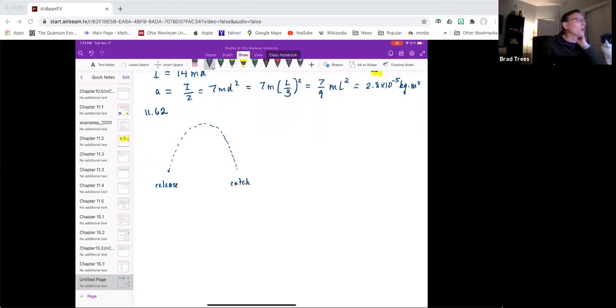That little arc I just drew there is the trajectory of his center of mass. And that's a parabola, and that's just projectile motion. Okay, and we know how much time he's in projectile motion. I'm going to call it delta t, 1.87 seconds from release to catch.